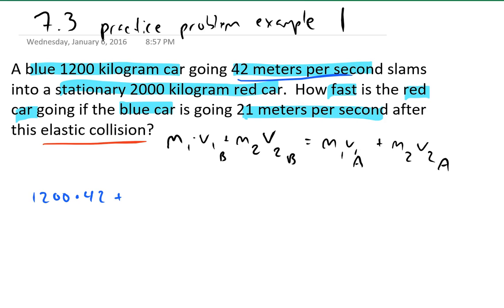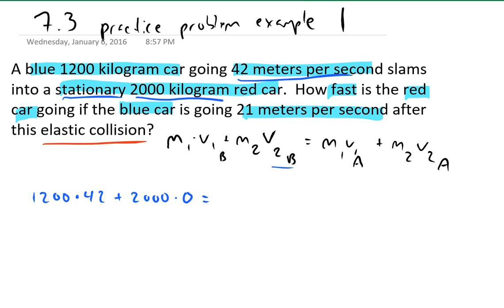The second object is the red car, which has a mass of 2,000 kilograms. So we've got 2,000 multiplied by the velocity of the second object before, and the red car, it says, is stationary. Stationary basically means it's not moving, so the velocity of the second object before is going to be 0.